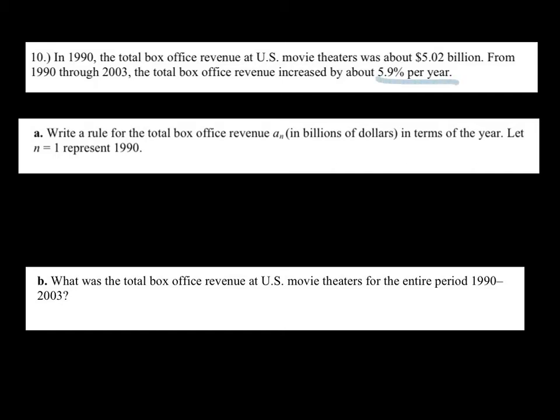So it says, write a rule for the total box office revenue, A sub n in billions of dollars, in terms of the year. So it says that n is going to be our years, and we're going to make 1990 the first term, or the first year.